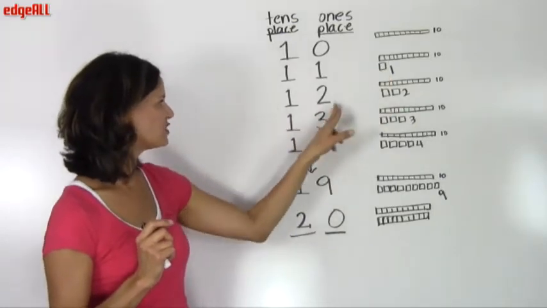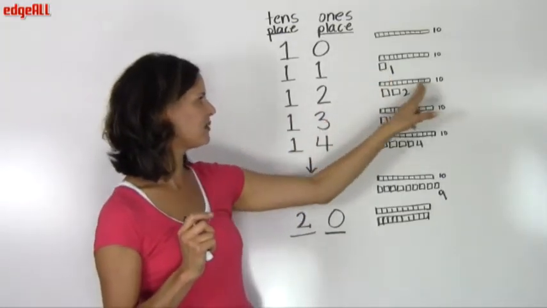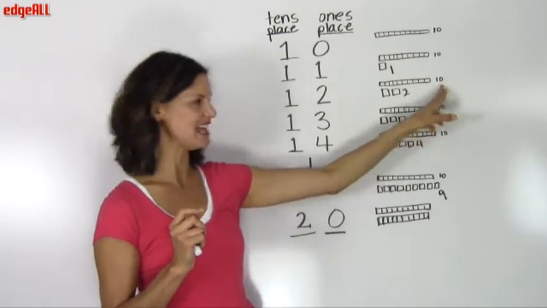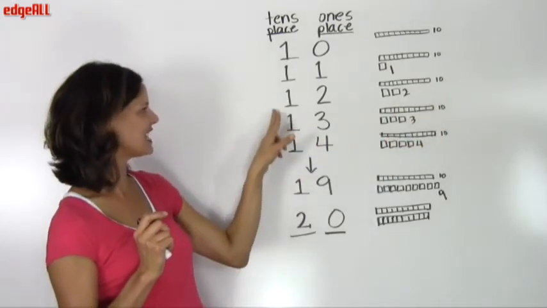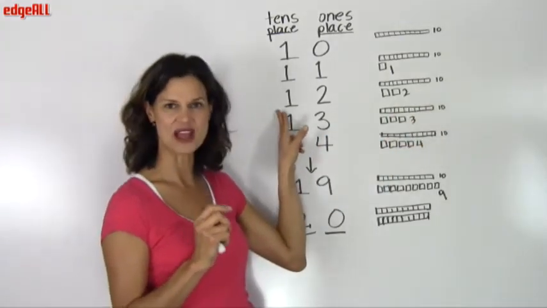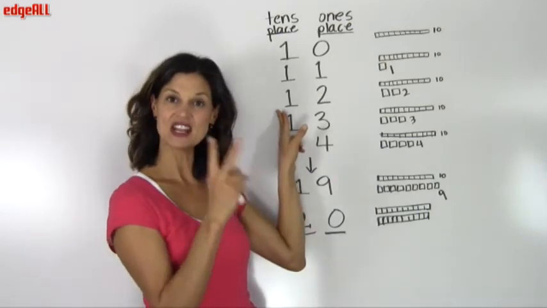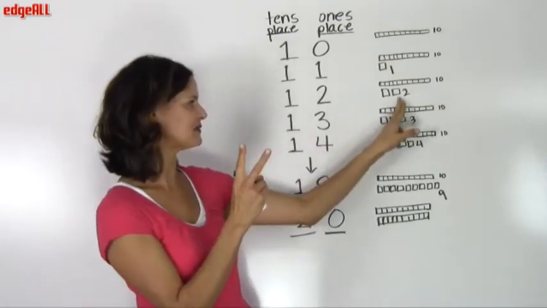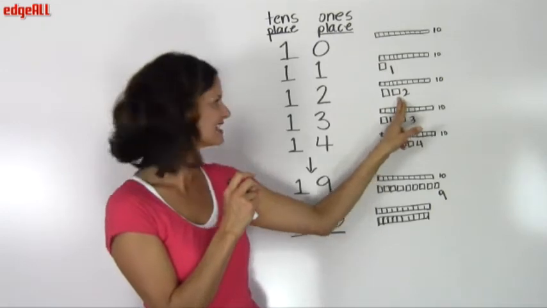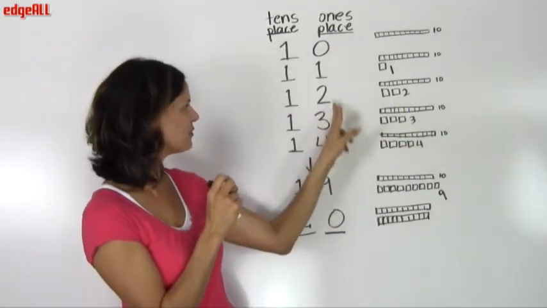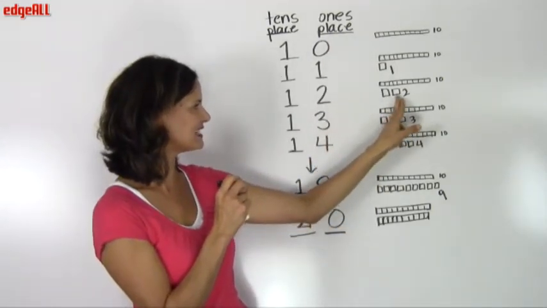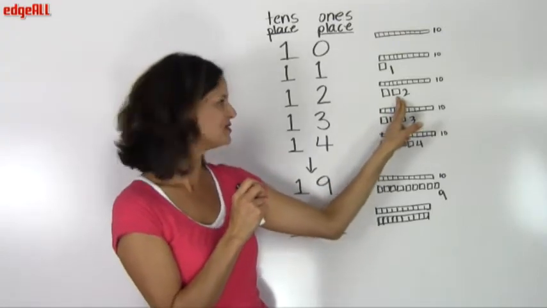As I move up to 12, I still have the bar of one group of 10, and I have a 1 in the tens place to represent that one group of 10, and then I've added two single items, or two single objects. And so I have a 2 in my ones place to represent the two additional objects.